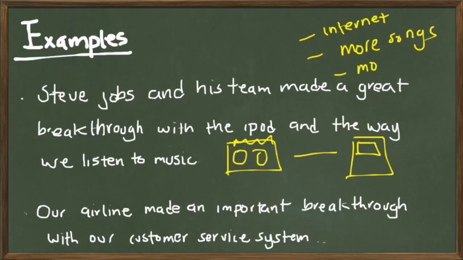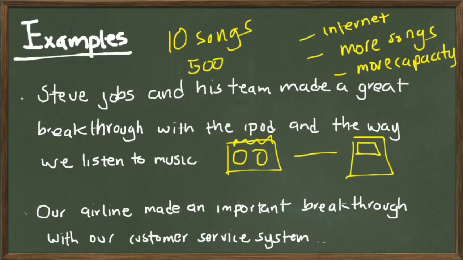More capacity. But not only, remember when in a cassette you could listen to maybe 10 songs. So now with the iPod you could listen to maybe 500 songs. So that is a breakthrough. It's a big jump in the industry.